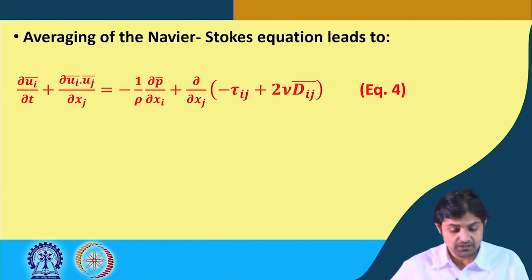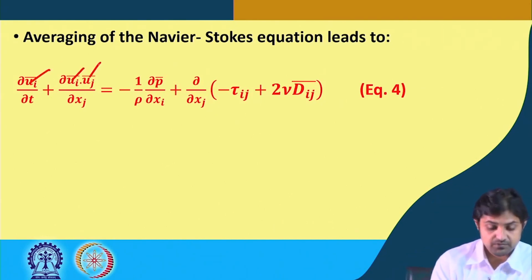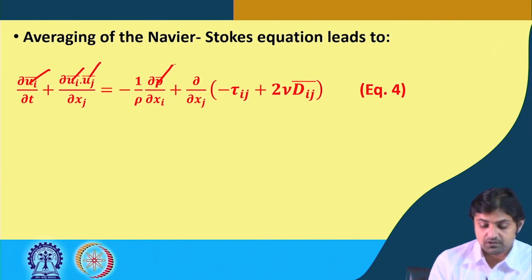We are going to get an equation like del ui by del t whole bar, del ui bar, del uj bar. So if you see, this is an average term, this is an average term, this is also an average term, and this is also an average term, right?